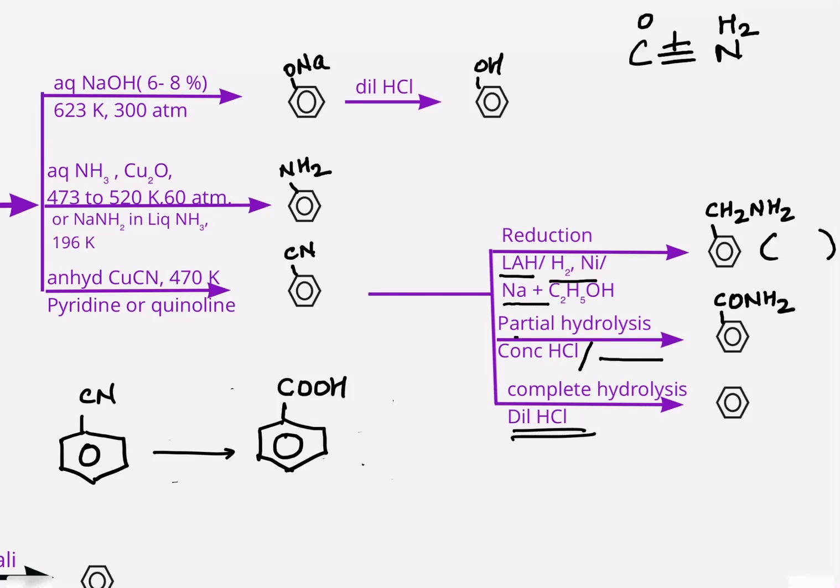So you added one molecule of water and you got CONH2, right? Now, next step, complete hydrolysis means again I break it here, H and OH. So you see over here, this becomes COOH and we get over here benzoic acid.